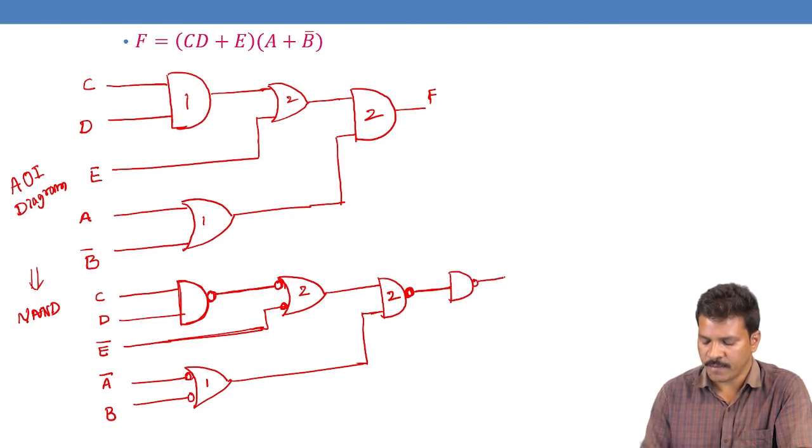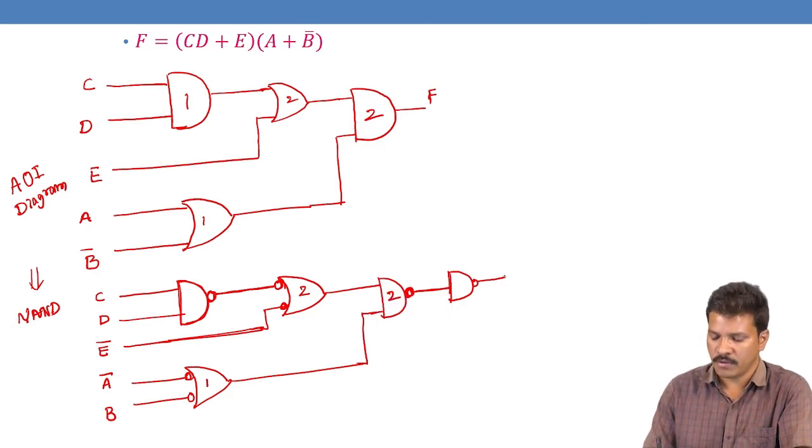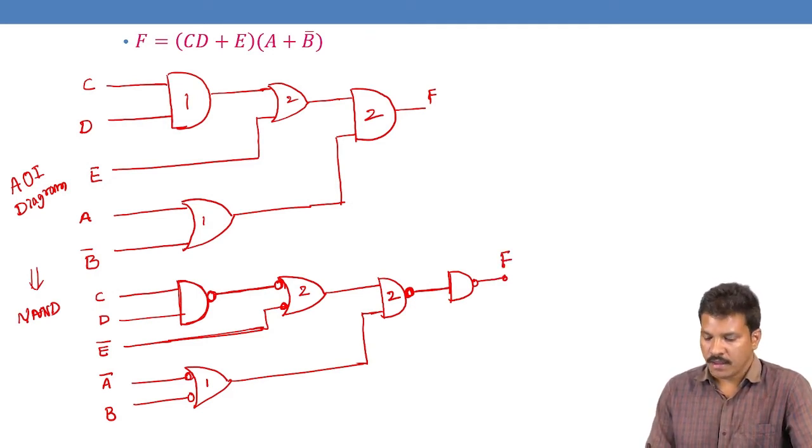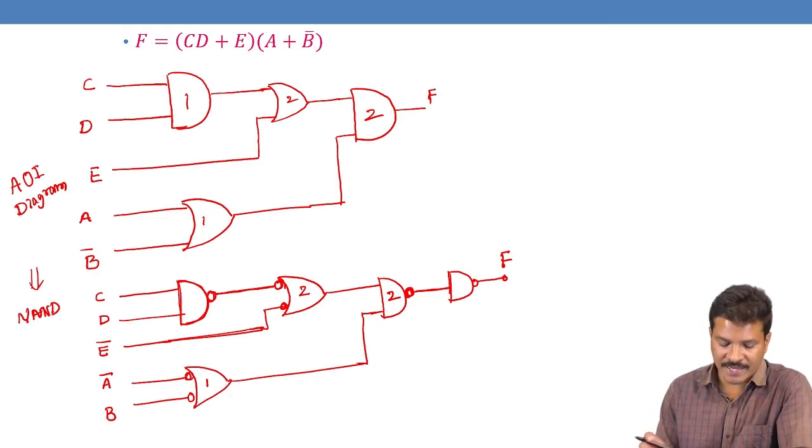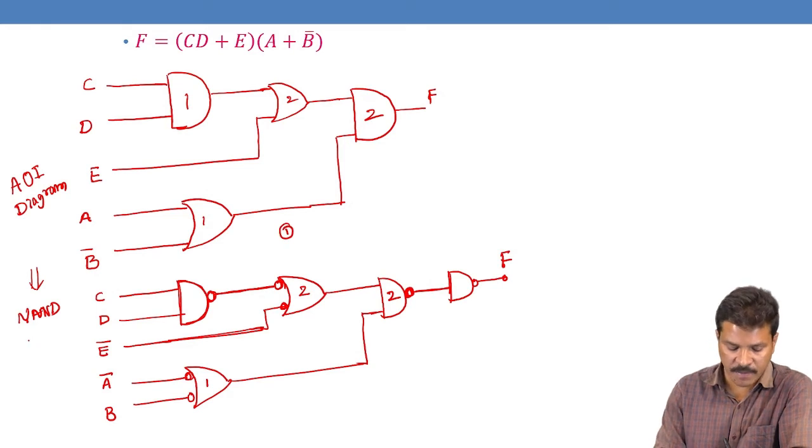A single-input NAND gate is like a simple bubble, so I take it to compensate that bubble. We will get the final output. So finally we replace this first diagram, and this is the NAND implementation using two symbols.